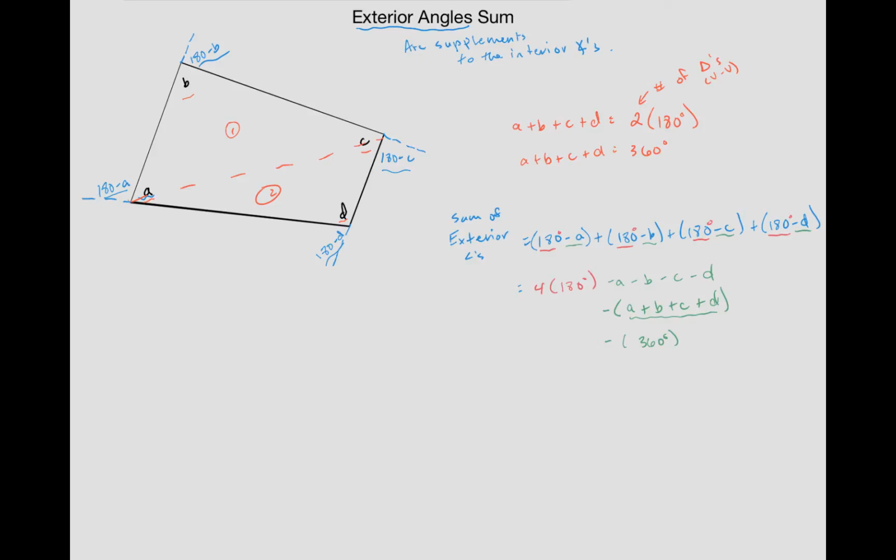Hopefully you can see where I'm going with this now, because we know that this is 720 degrees, 720 degrees, and so the sum of the exterior angles is just equal to 360 degrees, or 720 minus 360.